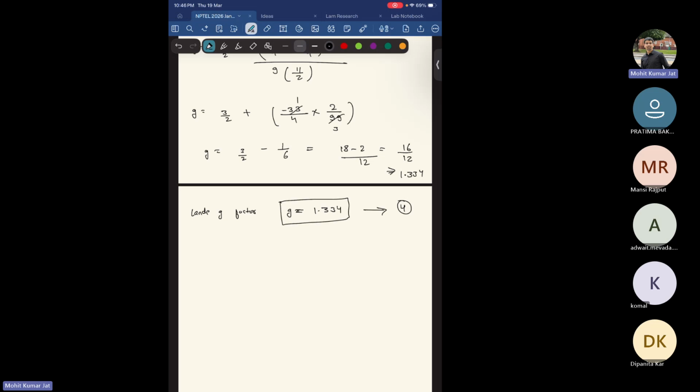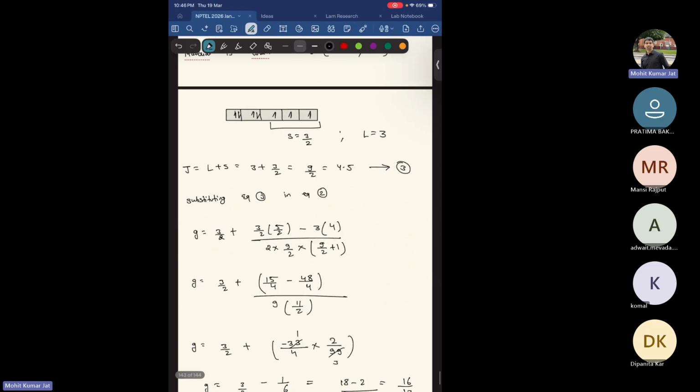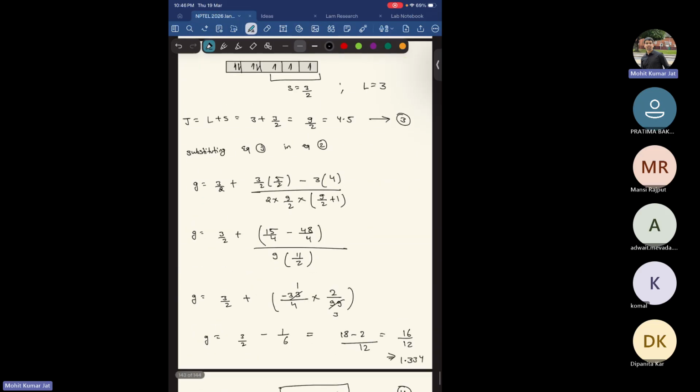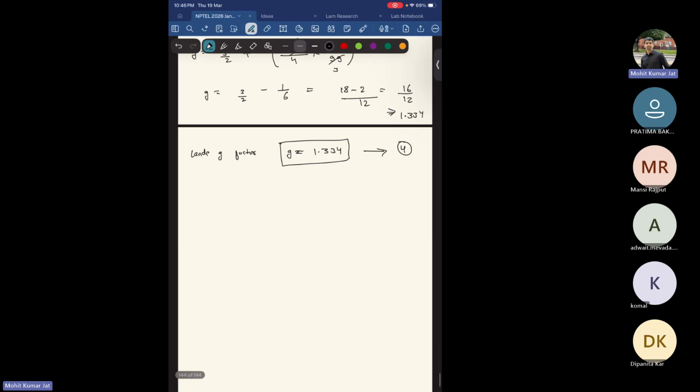Now, since we know the Landé g factor and the relation for chi molar, we can substitute equation 4 in equation 1.